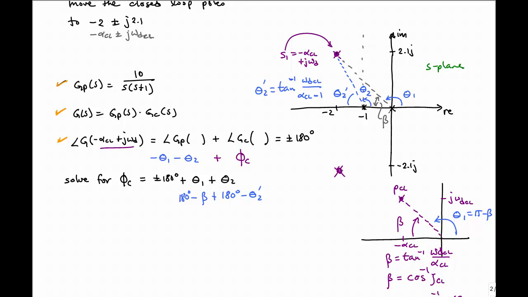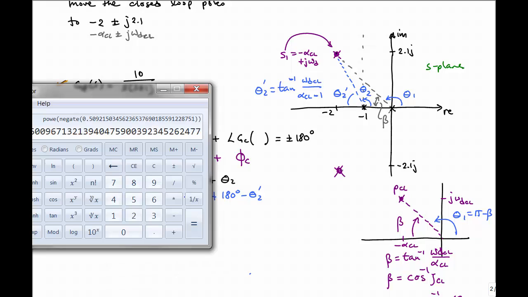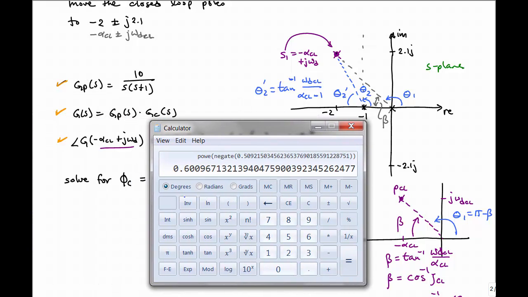Let's see, that evaluates to 2.1 for omega d, and we have 2 minus 1. Take the arctan, 64.5.